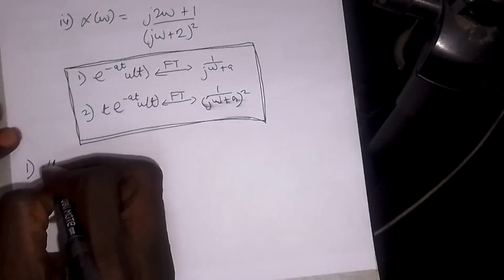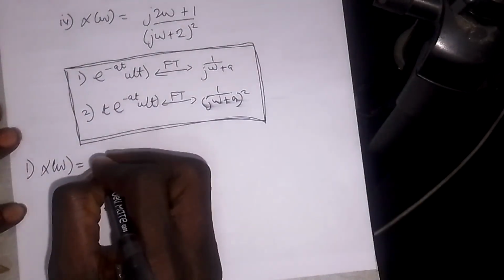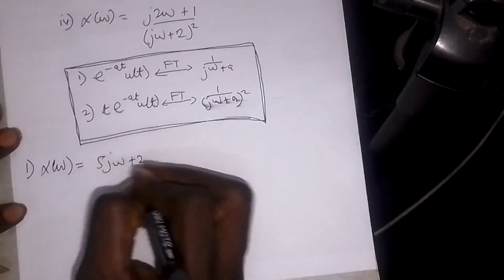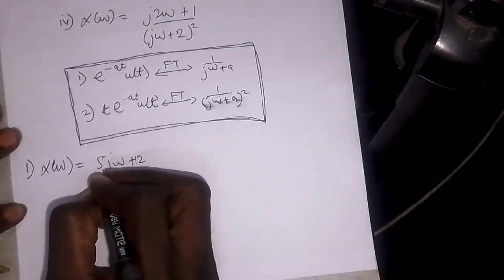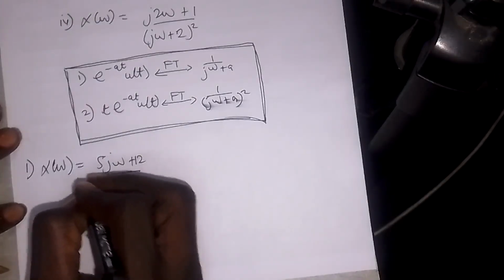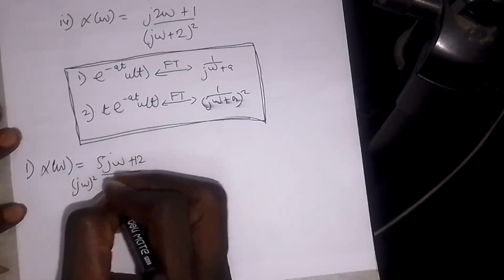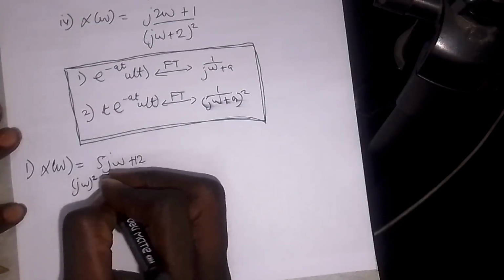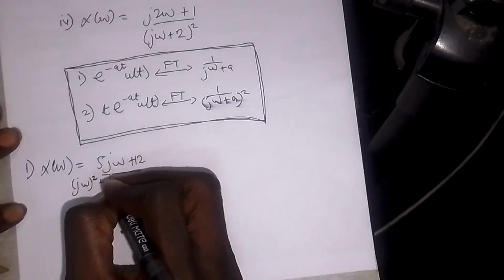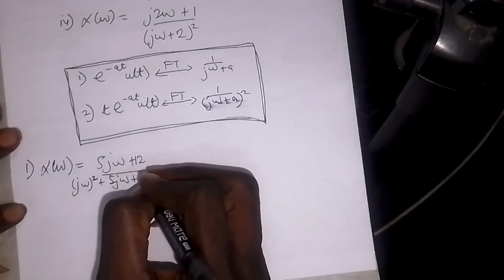Our first question is X of omega equals 5j omega plus 12 over j omega squared plus 5j omega plus 6.